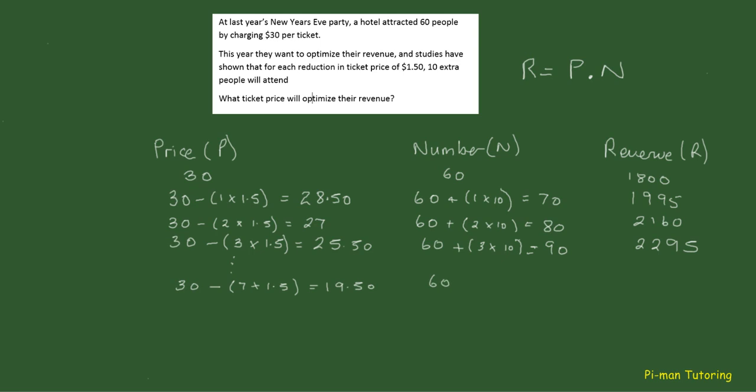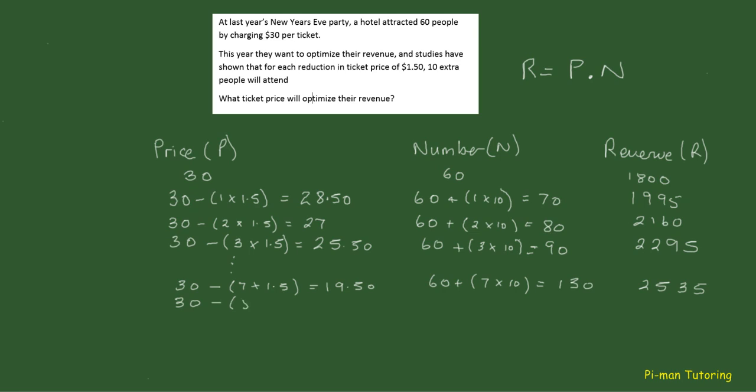The number of people that should show up theoretically would be 60 plus 7 lots of 10, which is 130 people. And your revenue goes all the way up to 2535.